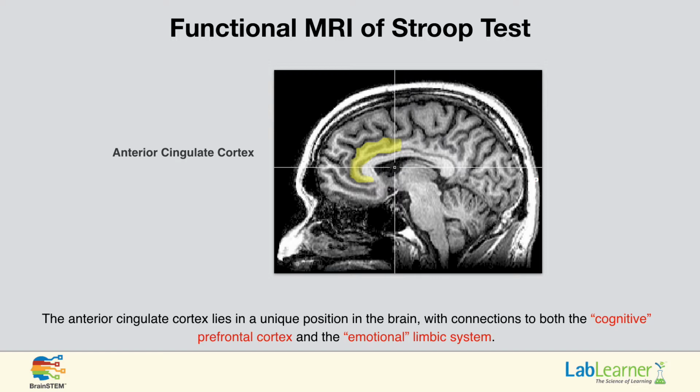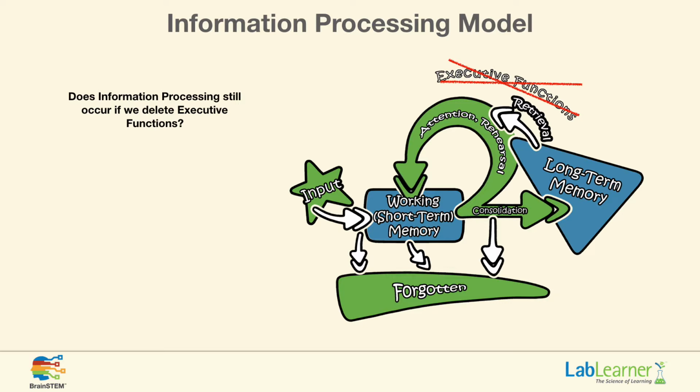Okay, I was talking to some of my colleagues the other day and just threw out the idea and asked them, does information processing, does learning and memory still occur if we were to somehow delete executive functions? And it turns out it probably will still occur, but only as memorizing. There are ways that you can memorize without having any real deep appreciation for the meaning of words.